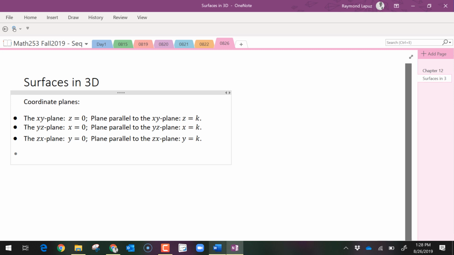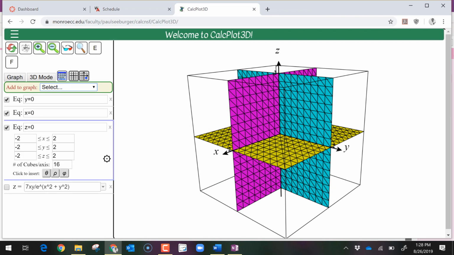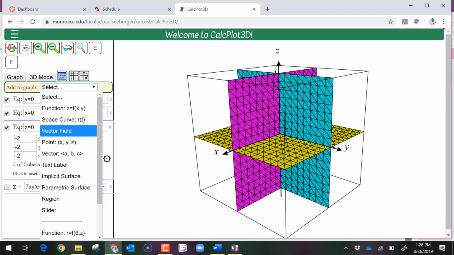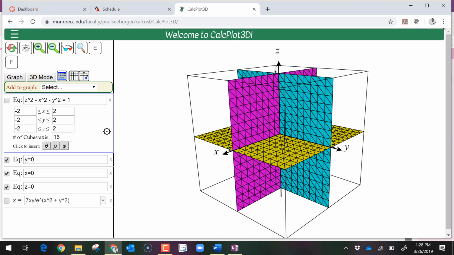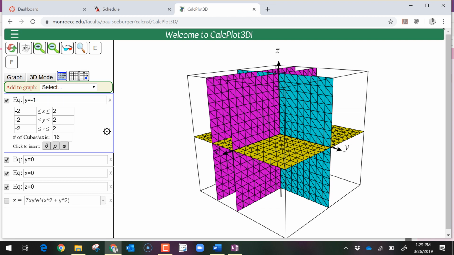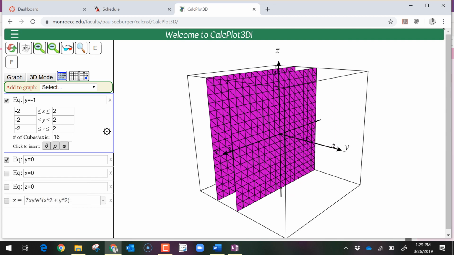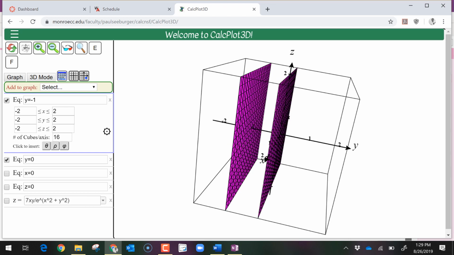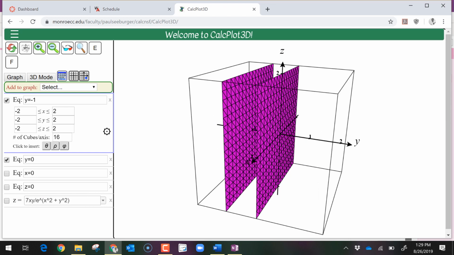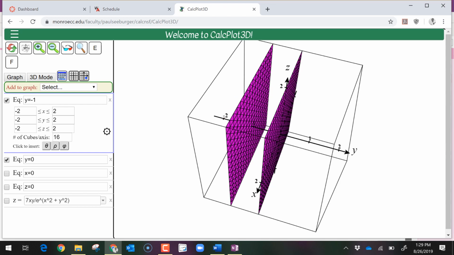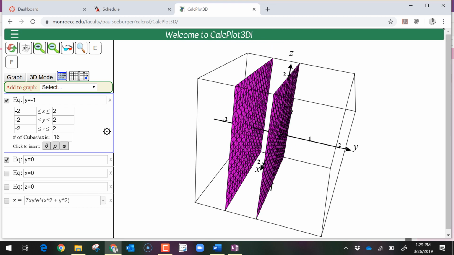Okay, so let's say that again. Let's say y is equal to -1. So if I take y is equal to 0, y is equal to -1, it's just going to be another plane that's parallel to the xz plane, except it has a y component of -1.